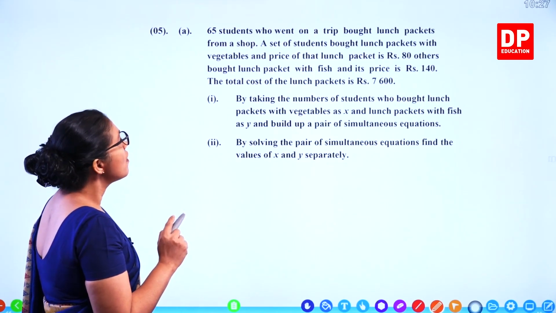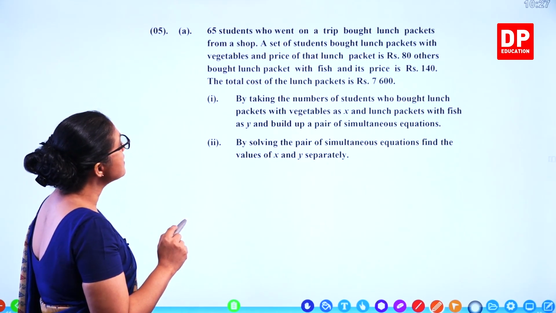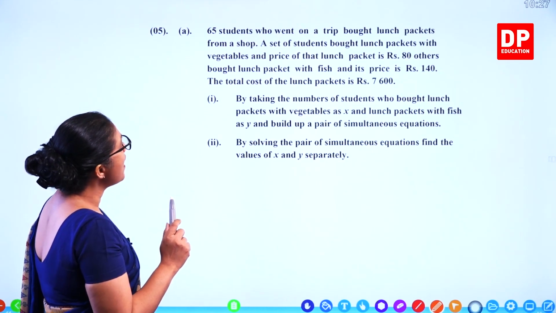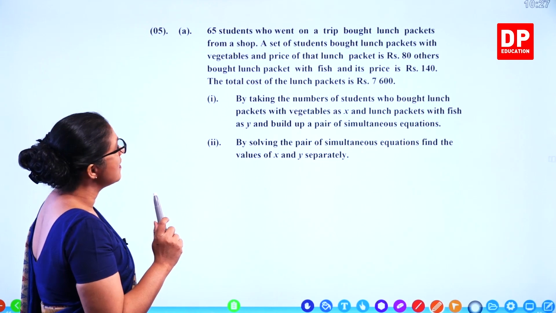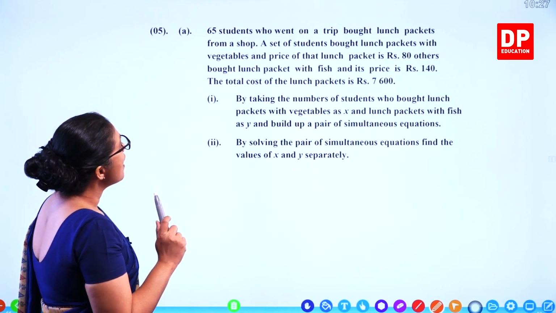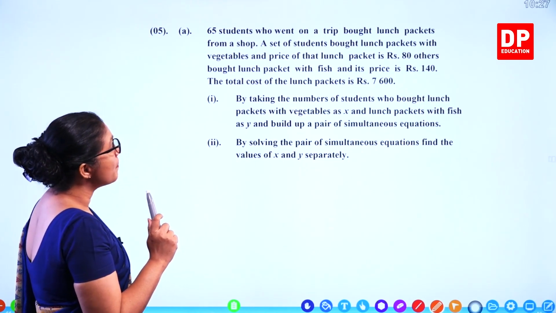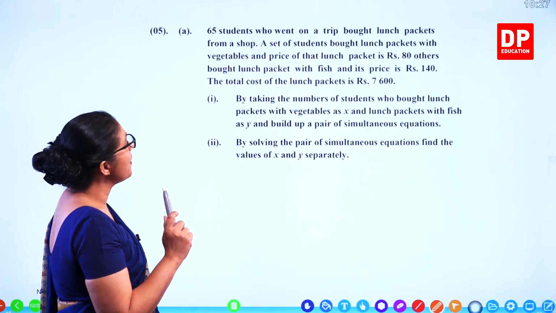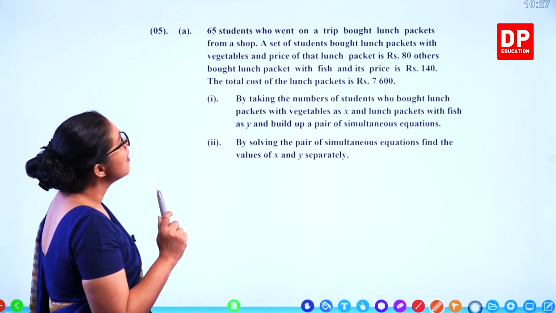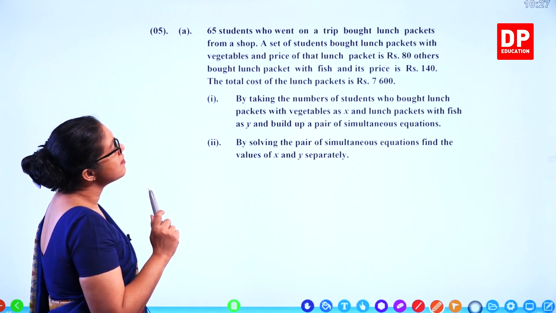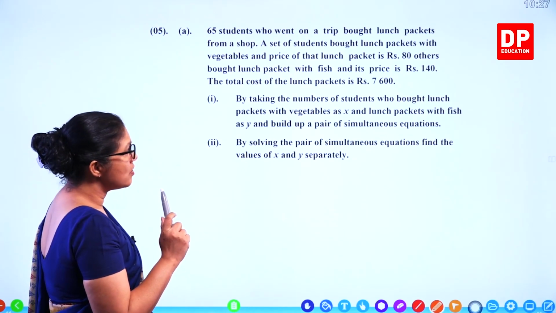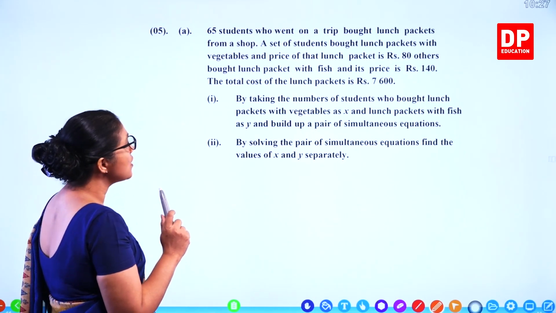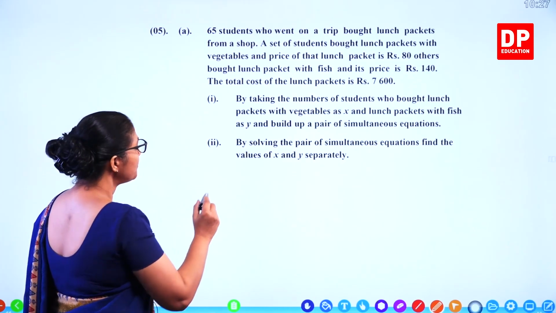A set of students bought lunch packets with vegetables and the price of that lunch packet is 80 rupees. Others bought lunch packets with fish and its price is 140 rupees. The total cost of the lunch packets is 7,600 rupees.